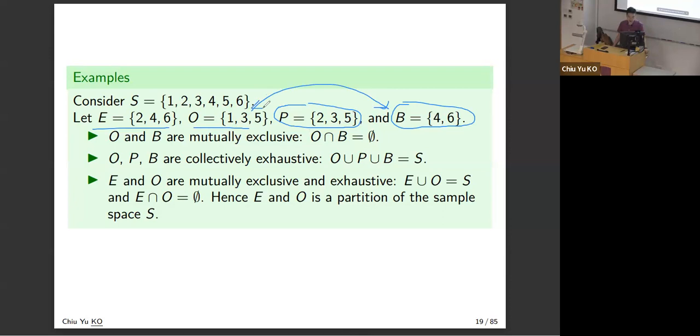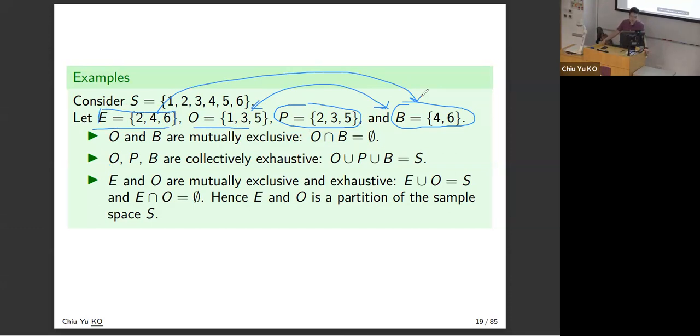The reason is the intersection is empty, or in other words, there are no common outcomes. If O is true, B cannot be true. If B is true, O cannot be true. That's called mutually exclusive. And probably you will see E and B are not mutually exclusive, because they have common elements 4 and 6.